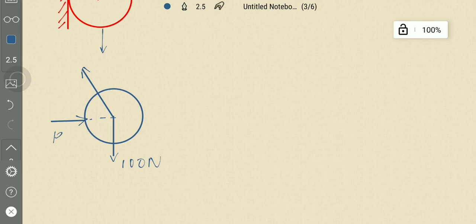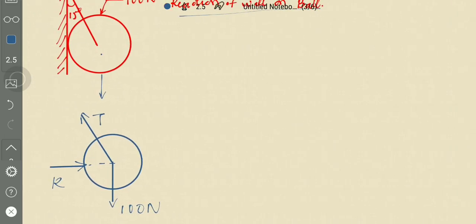And this is R, this is T. This is the free body diagram for this figure.